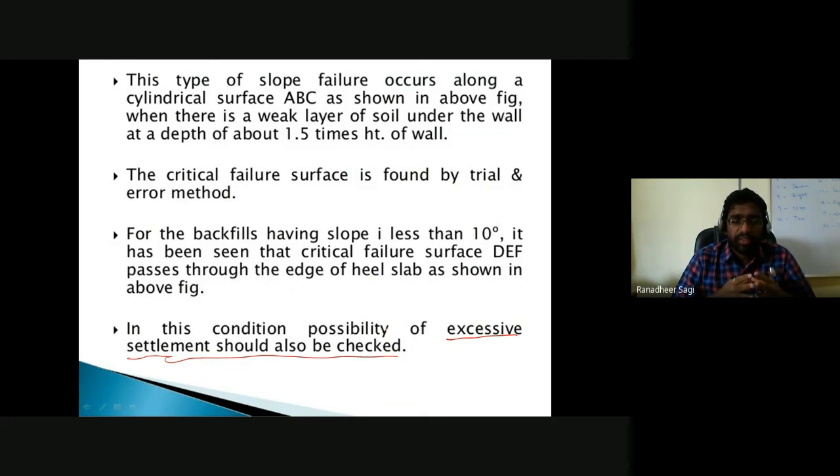We subsequently went on to understand what is meant by a retaining structure, the purpose of that retaining structure, and the different types of retaining structures we come across. When we were discussing the types of retaining structures, we just gave an idea of the different types, but we didn't go into the depth of how those structures are to be designed, owing to the limitation we have with respect to the syllabus of this course.